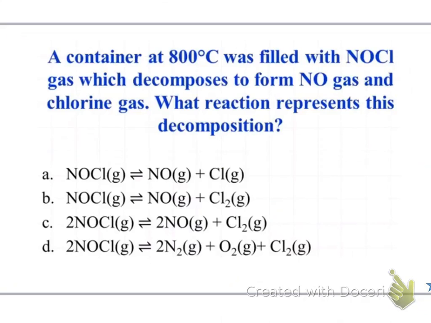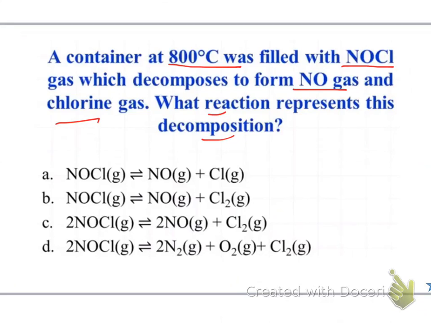Okay, let's take a look at a problem. We're going to do this in parts. We have a container at 800 C filled with NOCl gas, which decomposes to form NO gas and chlorine gas. The first thing you always have to do is write the balanced equation. So first step, answer the question: which reaction represents this decomposition?